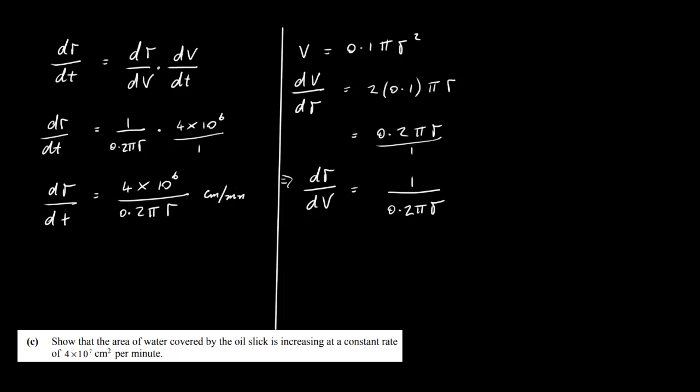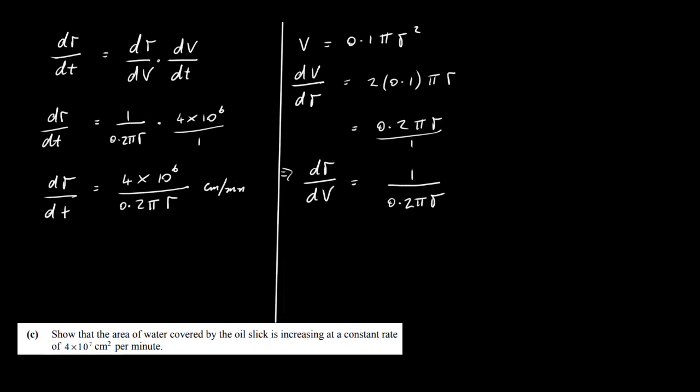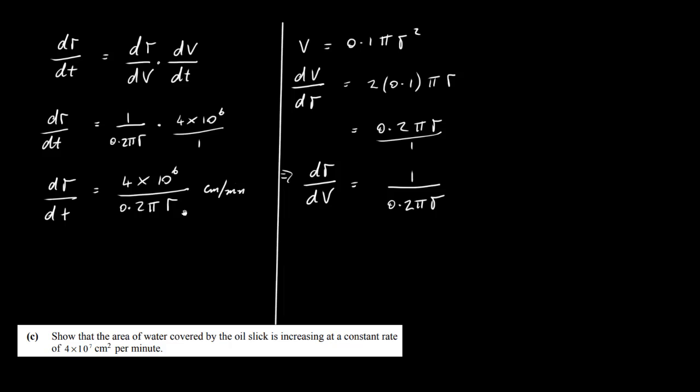Okay, so we were asked in the question then to look at that particular rate, the rate at which the radius is changing with respect to time when the radius is 50 meters. So in other words, we've got to substitute 50 meters in here for r. Now remember, we're talking about centimeters here, so we've got to change that 50 meters to centimeters.